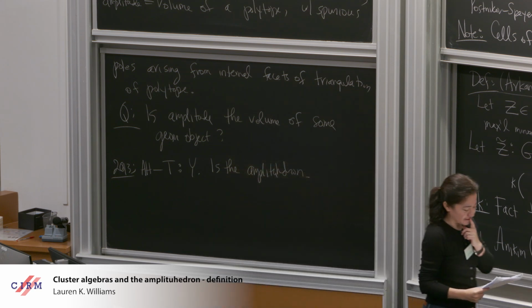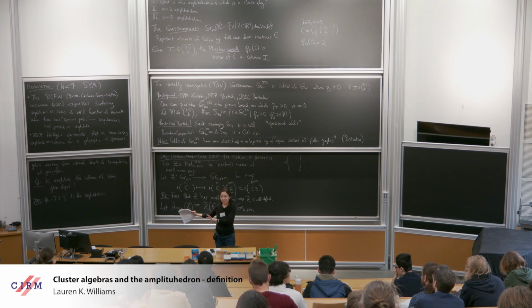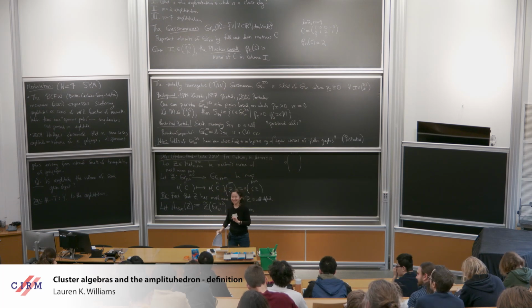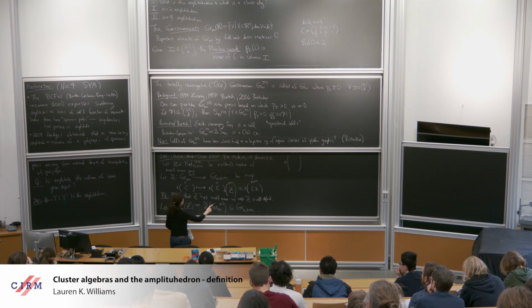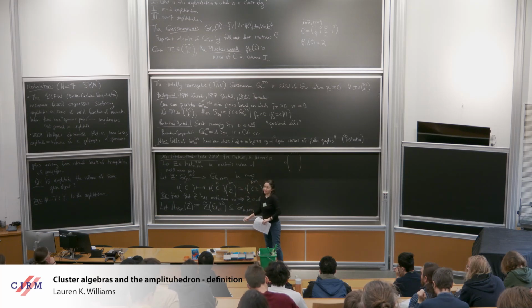Okay, all right. So that's all I was going to say about the physicsy motivation, but if you have any questions, I can try to answer them. Which dimension has the amplituhedron? So the amplituhedron is full dimensional inside of this Grassmannian, and so it has dimension k times m.